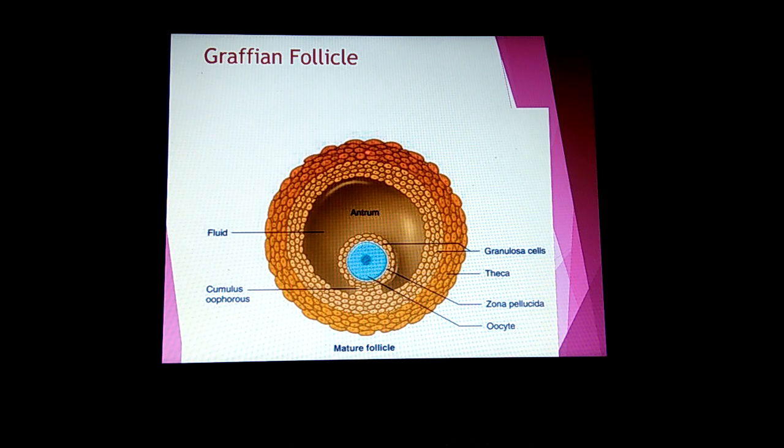You can see this is the theca cell layer, this is the mural granulosa cells, this is the antrum, the fluid filled cavity. In this Graafian follicle, you can see the antrum cavity is filled with fluid, and this is the oocyte with zona pellucida, and you can see a population of granulosa cells surrounding the primary oocyte. This entire complex is known as the cumulus oophorus complex.